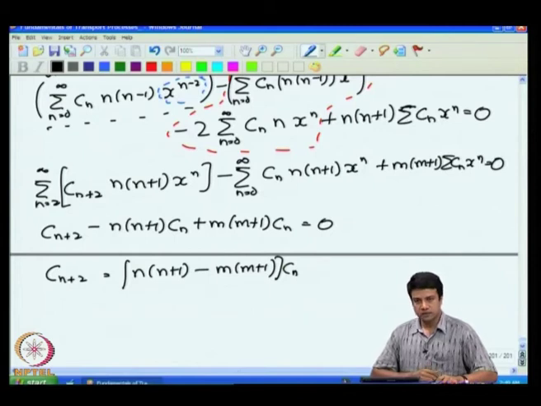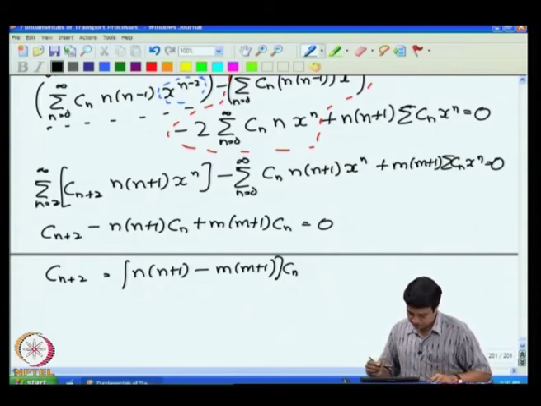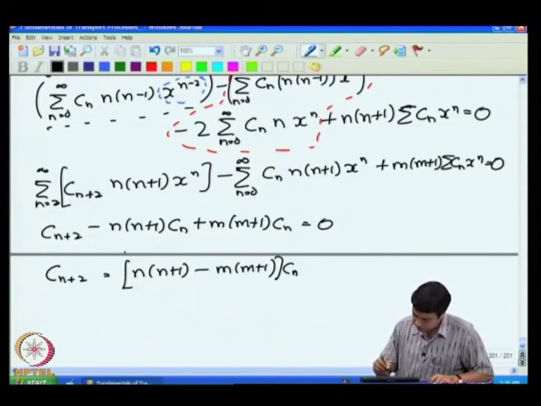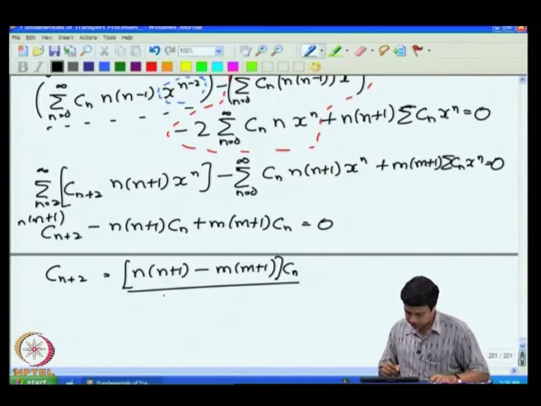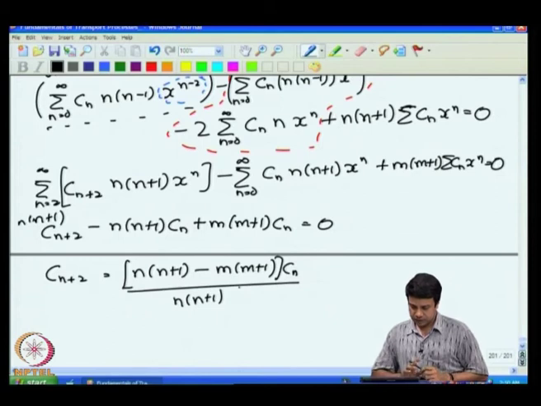So, once those are known, then I can calculate all the higher constants C2, C3, etc. So, this should be, this one will give me total divided by n into n plus 1. So, note that as it is written down, the coefficient Cn plus 2 is equal to n into n plus 1 minus m into n plus 1 divided by n into n plus 1 into Cn.